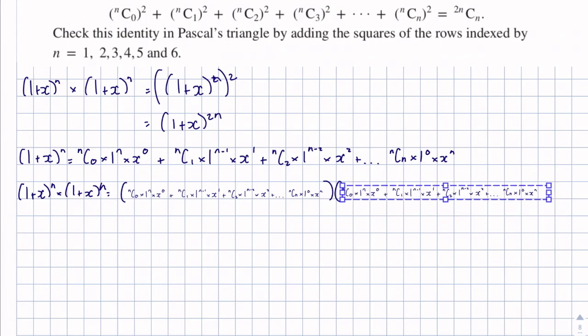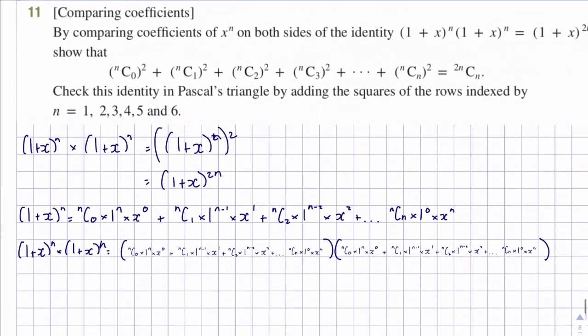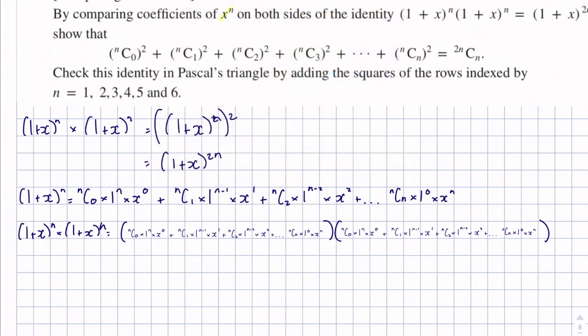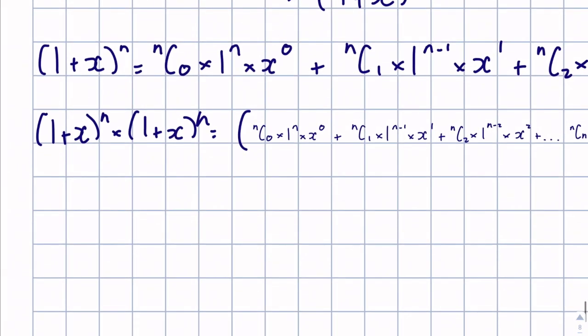So that's that whole thing times itself, yeah? And they want to compare coefficients of x^n.